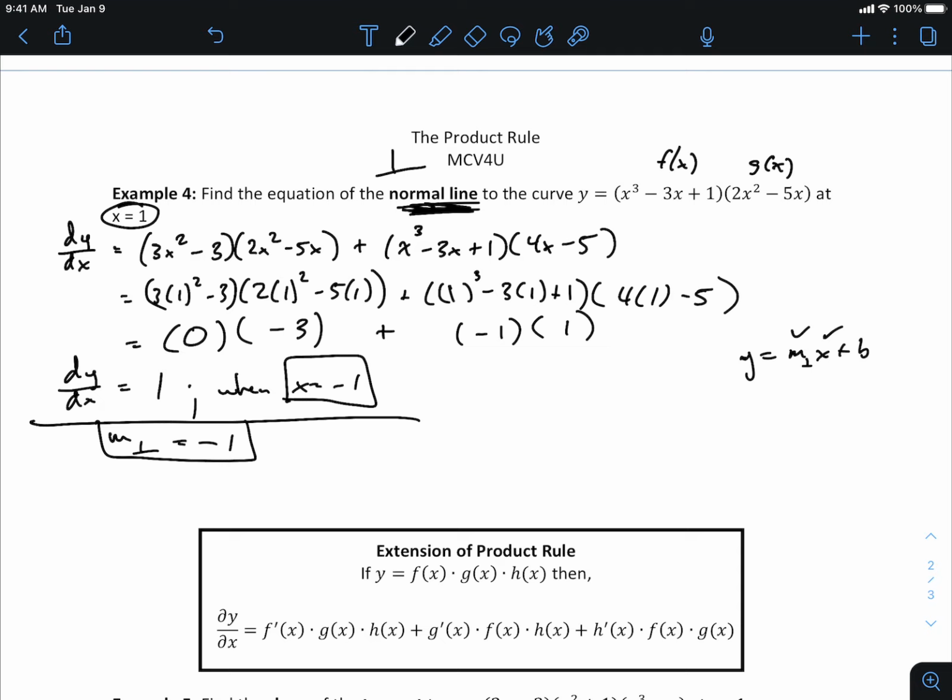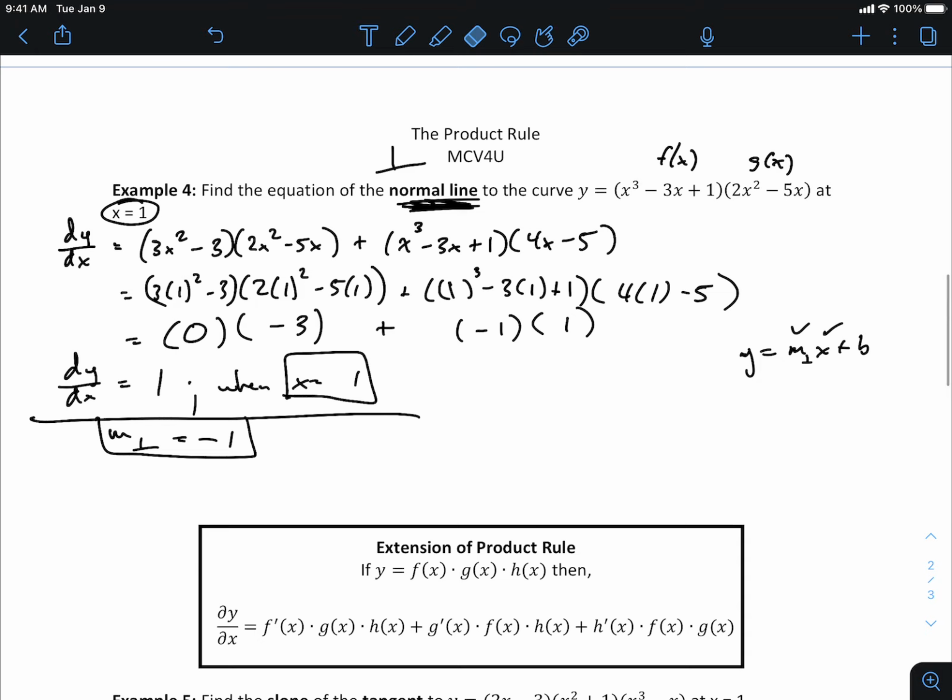If we were to plug x equals -1, well, it's not x equals -1, it's just 1. When I plug x equals 1 into the equation, I can find the y value. So when x equals 1, y will equal, remember, I'm just going to plug it into the original equation up here, right?